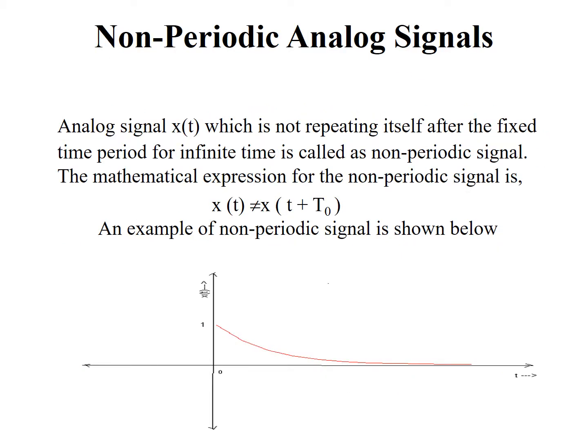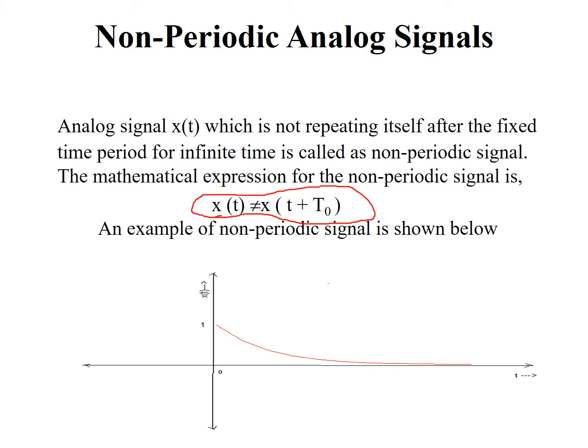Now we'll go through non-periodic signals. What is meant by a non-periodic analog signal? An analog signal x of t which does not repeat itself after a fixed time period for infinite time is called a non-periodic signal. The mathematical expression for the non-periodic signal is like this. It does not satisfy the periodicity condition.